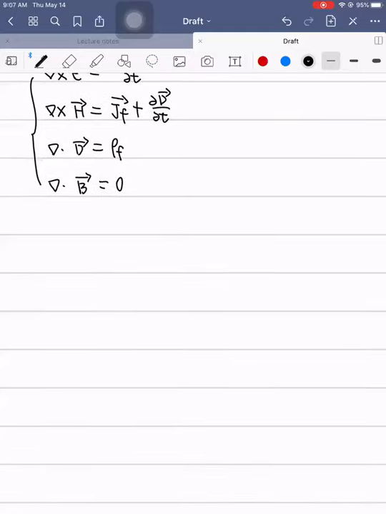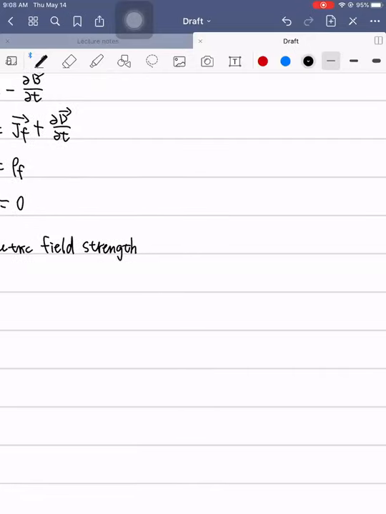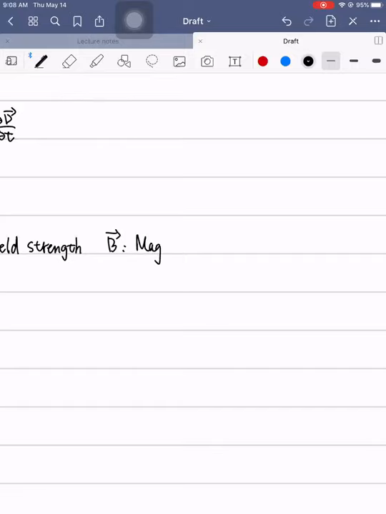So this is just a quick review of the first lecture. To make these symbols more organized, I will also write down what physical quantity these symbols represent. So here the E is the electric field strength. The B is the magnetic flux density.